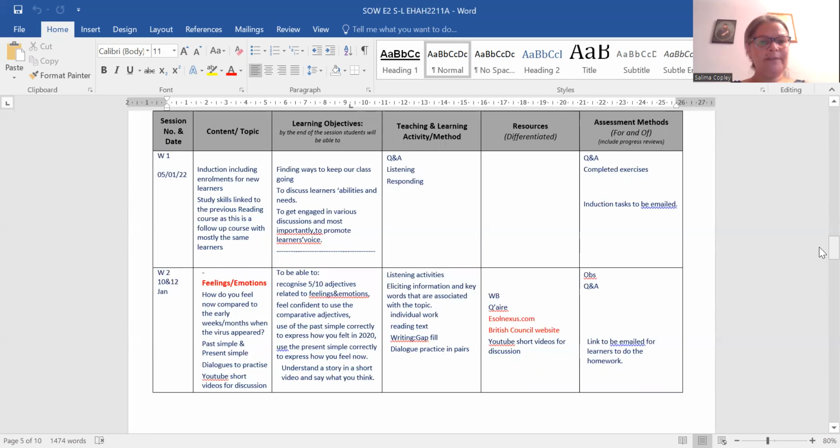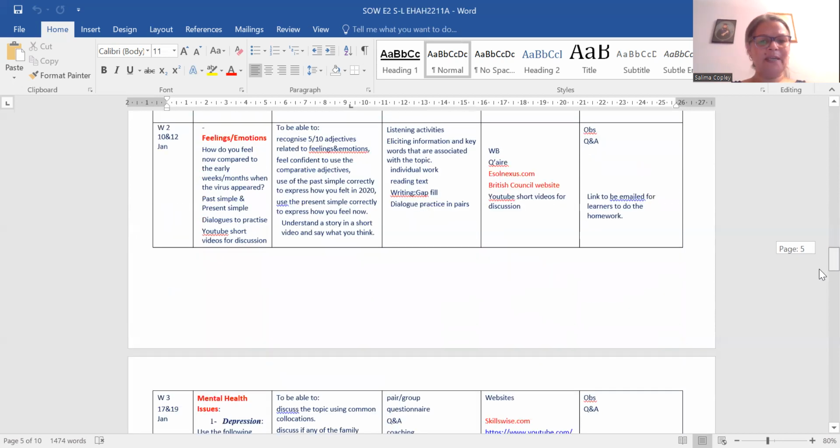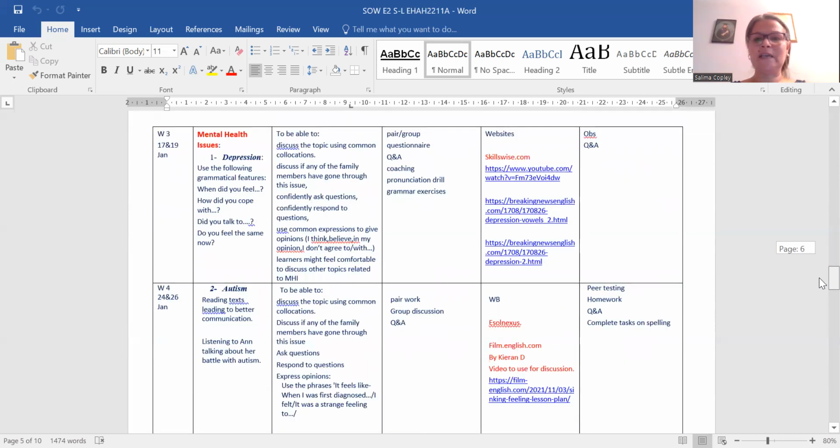If I move to the second page, you can see the process and the development of my scheme of work. These are the resources that helped me build my lesson.